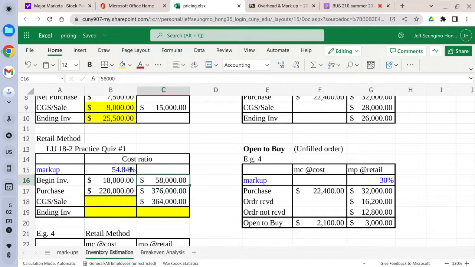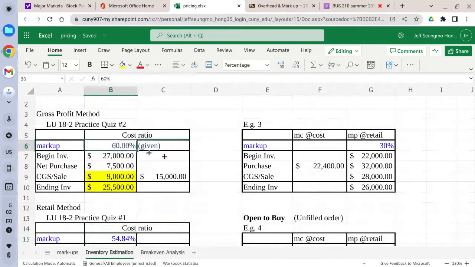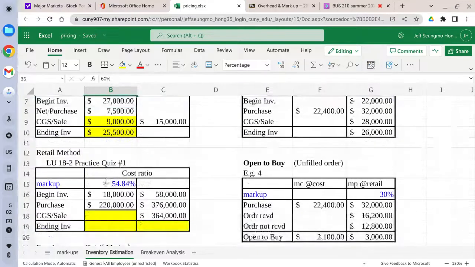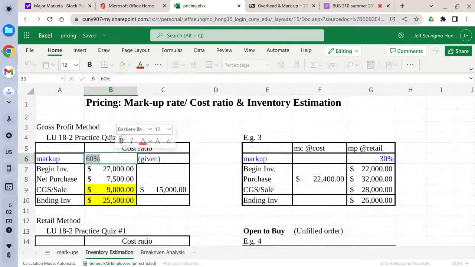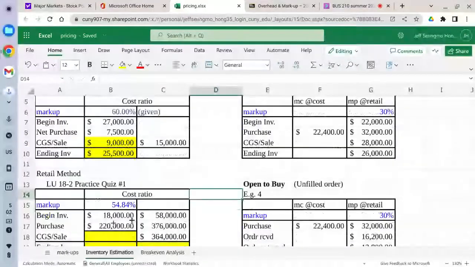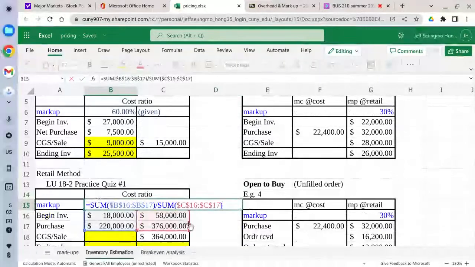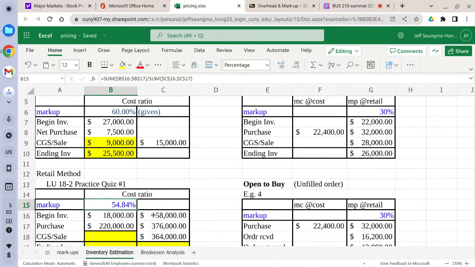And then here, markup rate. How did I find it? It's not given. Previously it was given. This is given, but this isn't given. How did I figure it out? Of course, it's a weighted average.